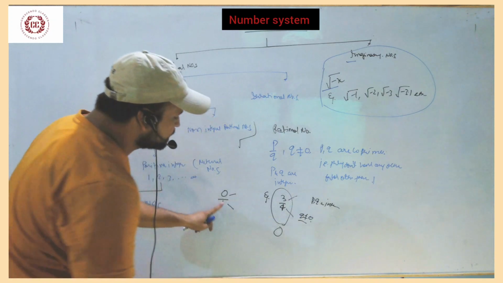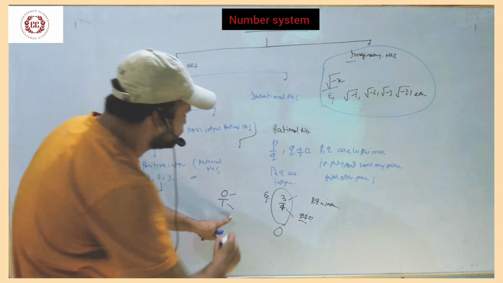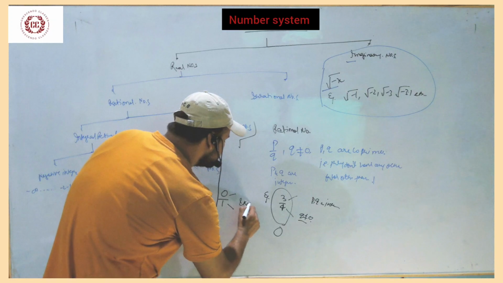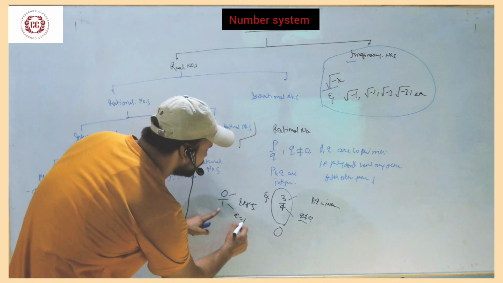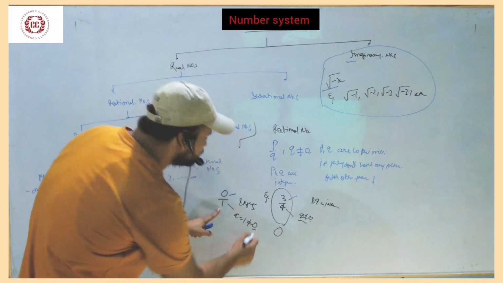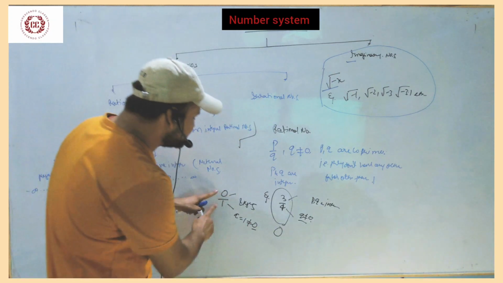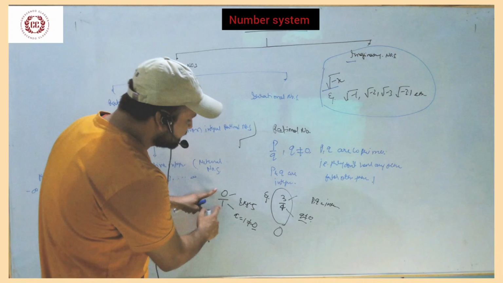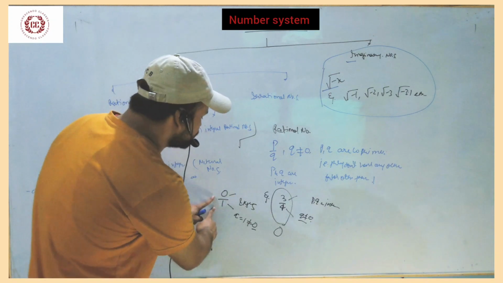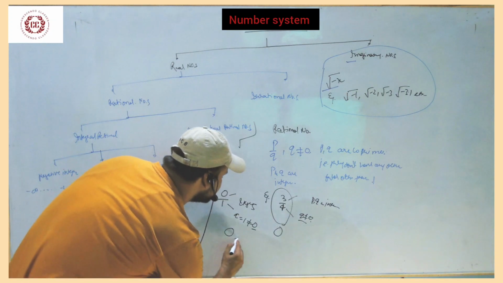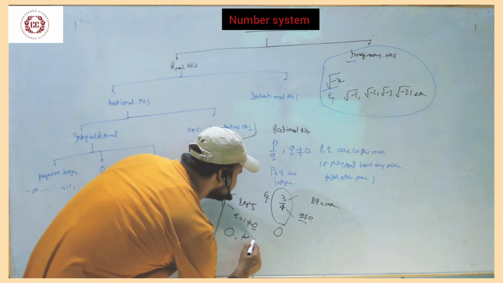Both p and q, meaning numerator and denominator, are integers, and q is equal to 1, which is not equal to 0, and these are in simplest form. They are co-primes. They have only factor 1 and no other factor. So 0 itself will be called a rational number.